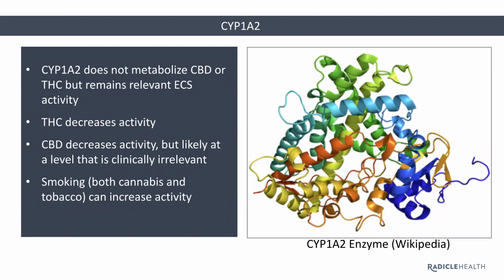So sometimes I do have patients who still smoke tobacco and use cannabis, and what I see clinically is that often they're not processing cannabinoids well. They often don't feel the effects of THC as strongly as I would expect them to, and they need pretty significant dosages that sometimes can become cost prohibitive, and they'll discontinue the cannabis treatment.